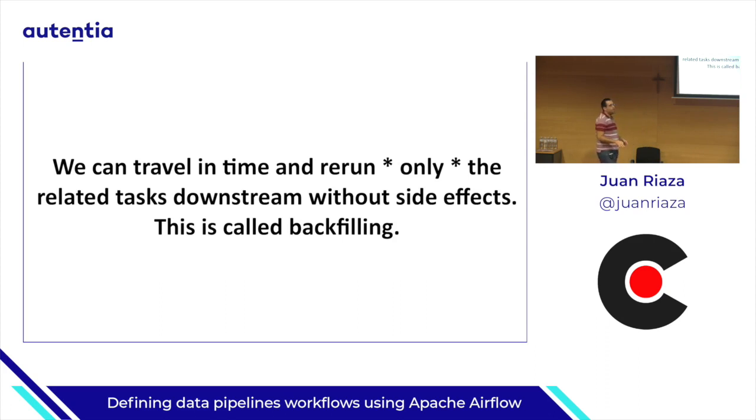So we don't have to execute the whole DAG again, but just the parts of the DAG, the operators that include, in this case, the part of the ETL, and without side effects. And well, this action of going back in time and rerunning parts of a DAG is called backfilling.